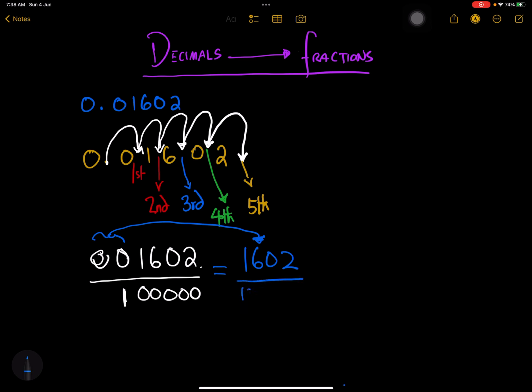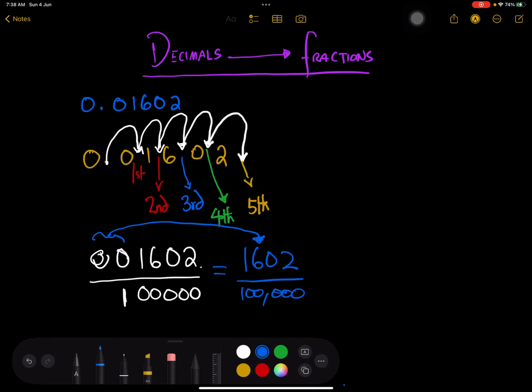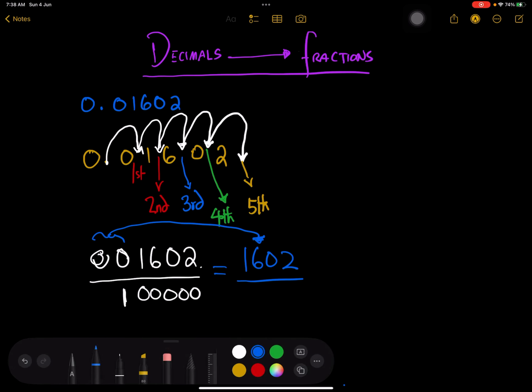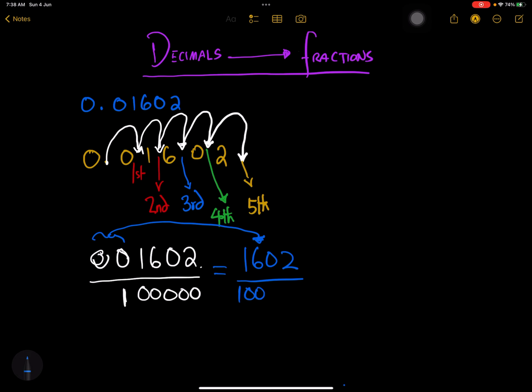For simplicity, let's ignore the comma. It's supposed to be 1 followed by 5 zeros.